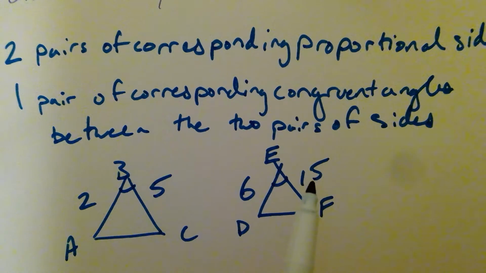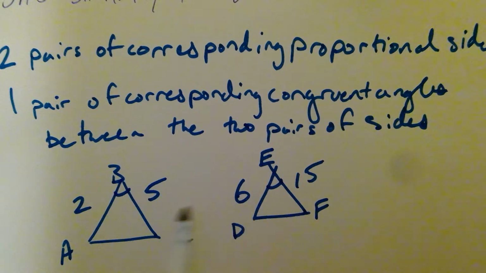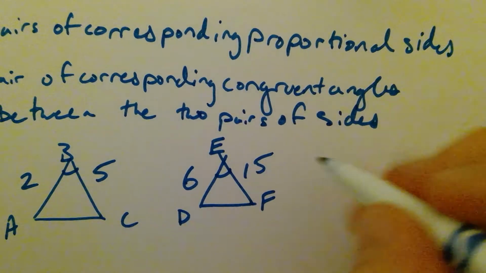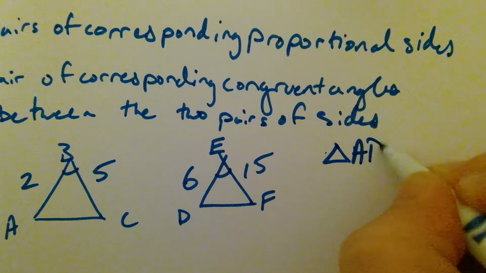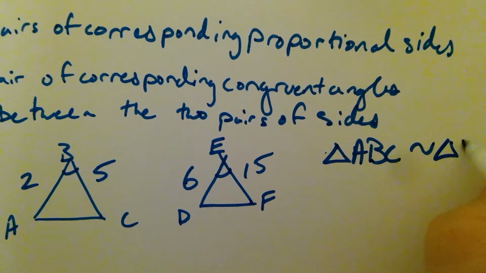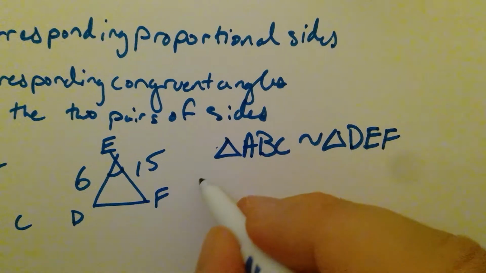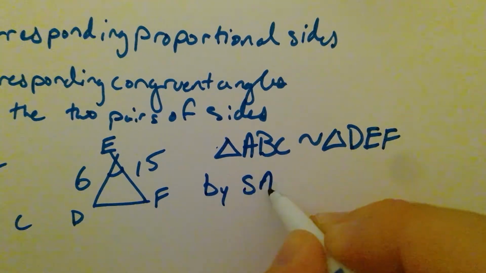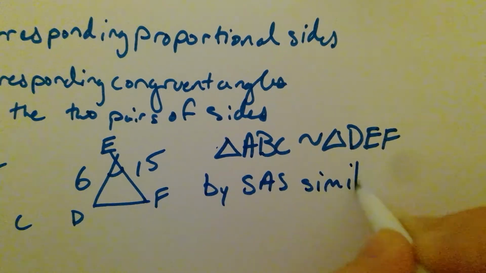So those two pairs of sides are proportional and they correspond. And then angle B and angle E are congruent. So we've got our side, angle, side; side, angle, side. So we can make our similarity statement: triangle ABC is similar to triangle DEF by side-angle-side similarity.